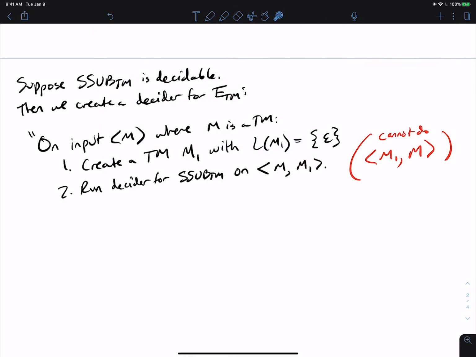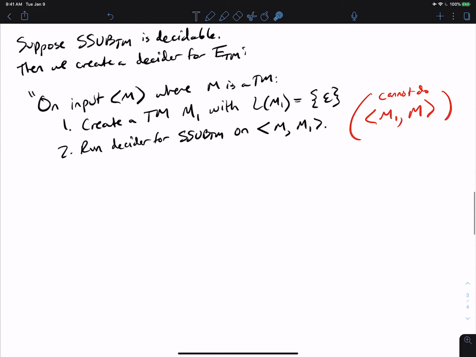For EQDFA or EQTM or whatever, the order doesn't actually matter because it's just whether they're equal or not. So then here all that we need to do is just output the same answer. Why do we do that? Well, suppose that the decider says yes, M's language is a strict subset of this.